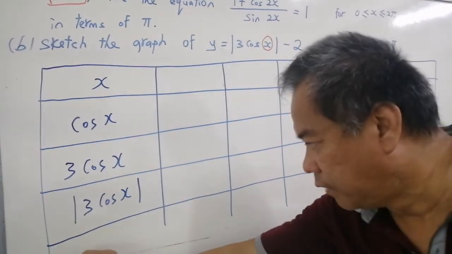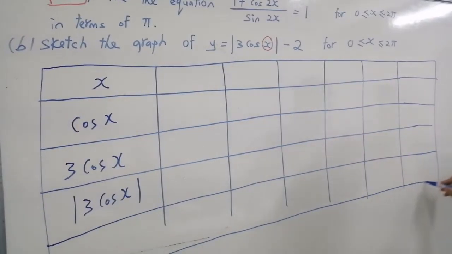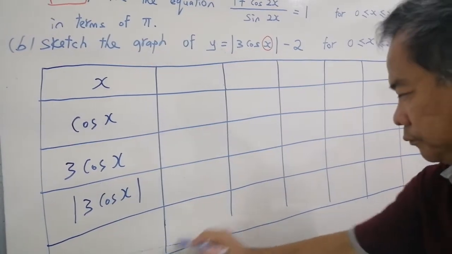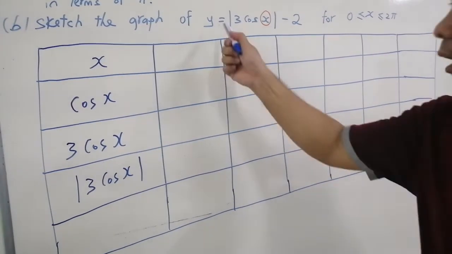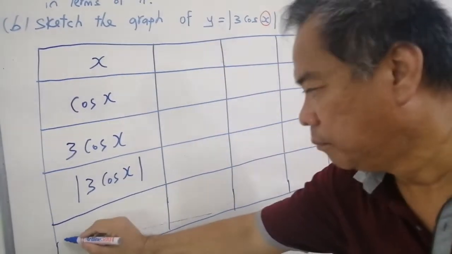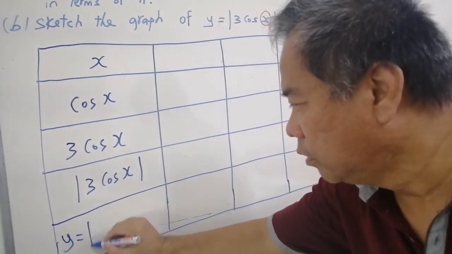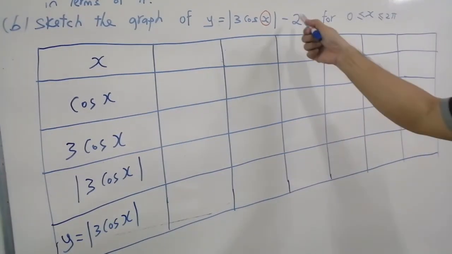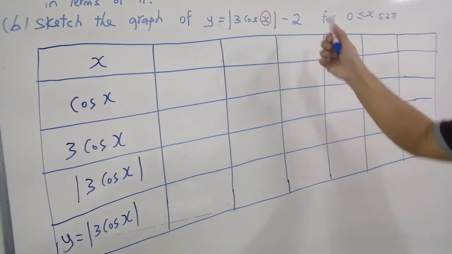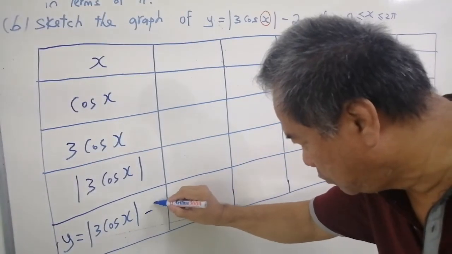Still not enough. One more line. This one is the final one. Now, my y will be equal to modulus 3 cos x, but need to minus 2.